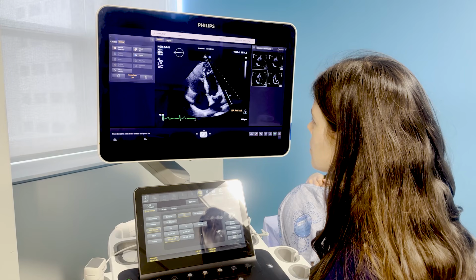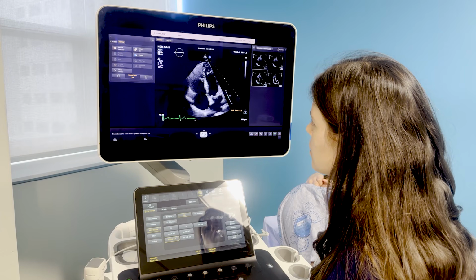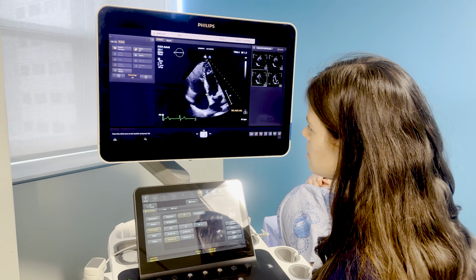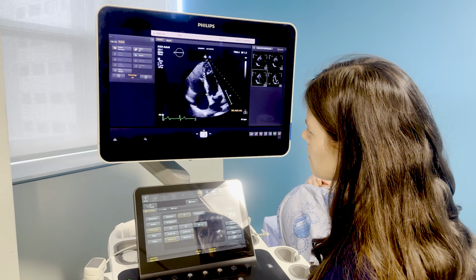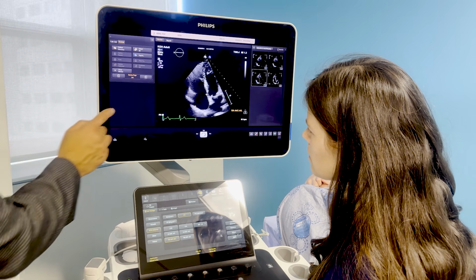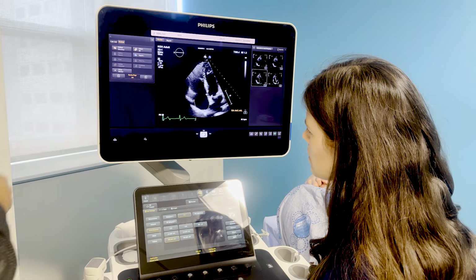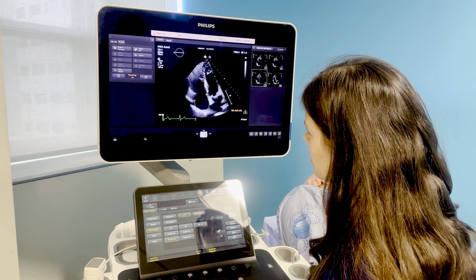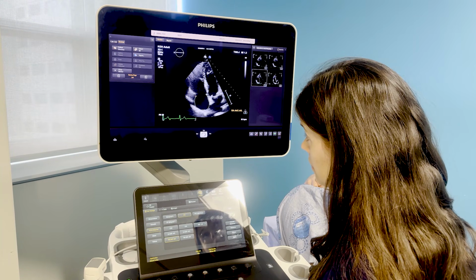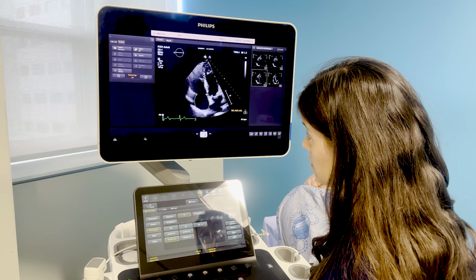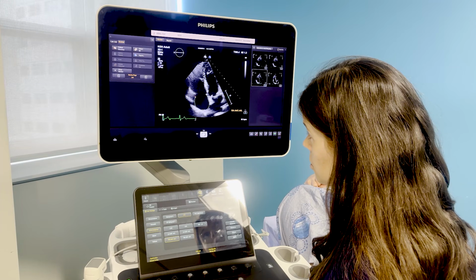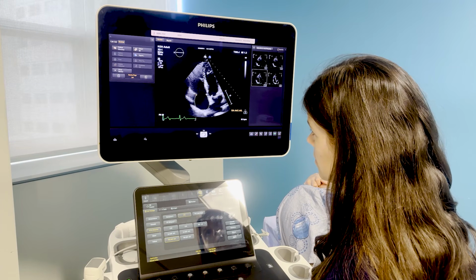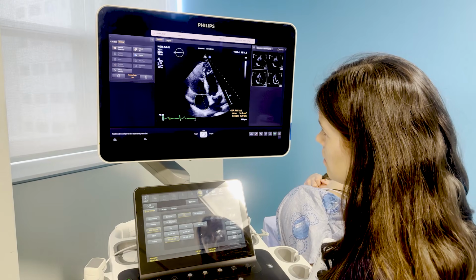You just kind of trace along the edge. You want to be on the blood tissue interface. I'm curious how you're going to trace this area here where we don't see the interface very well. A little bit of guesswork. A little bit, yeah. I also don't usually trace on the machine. Probably something like that. Okay.